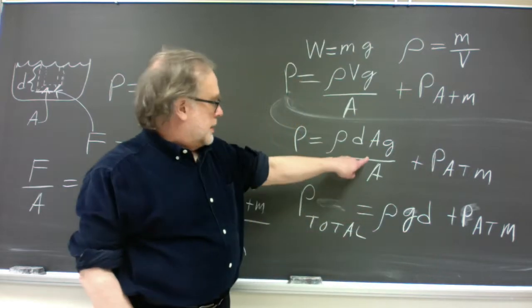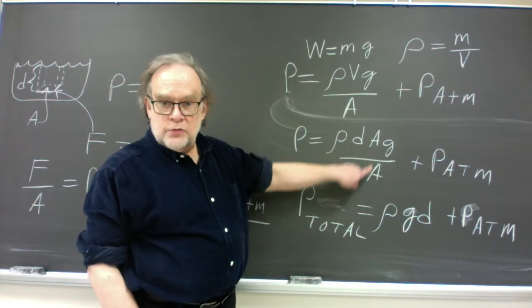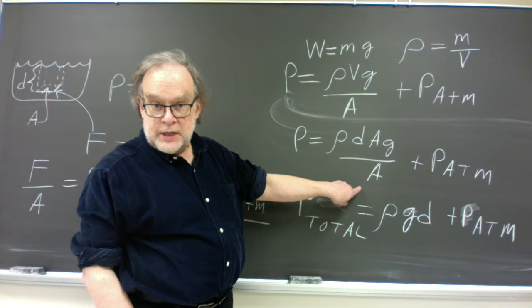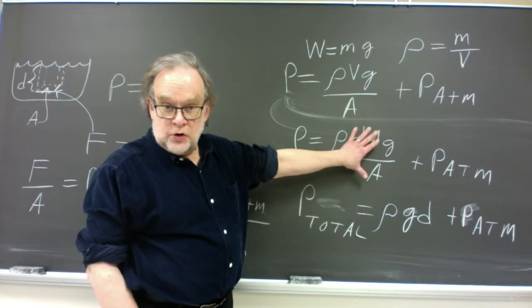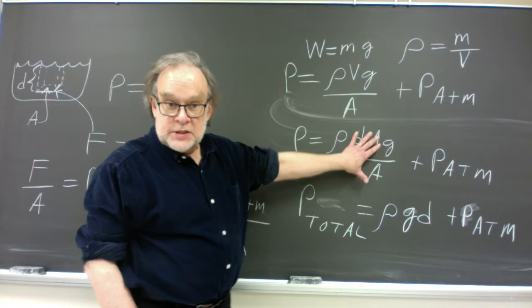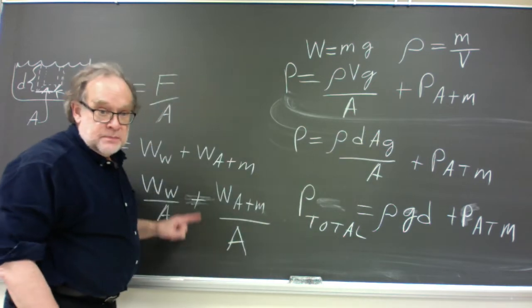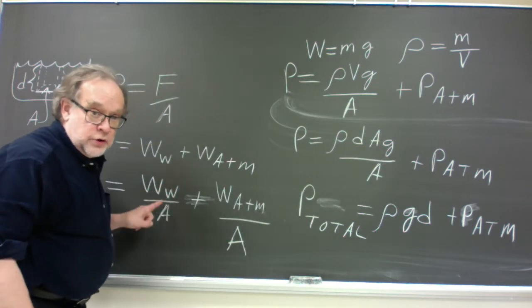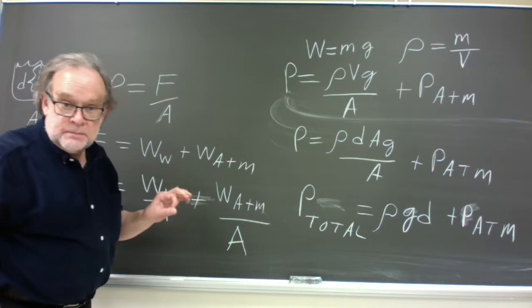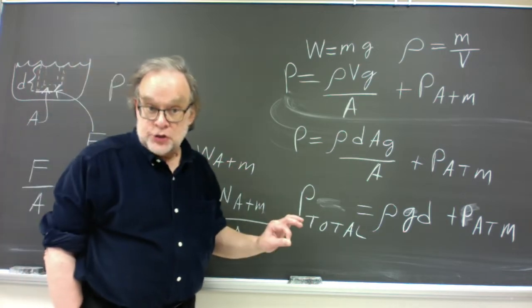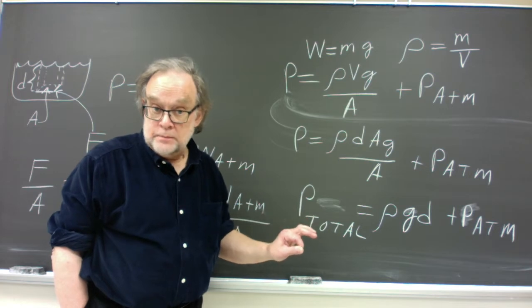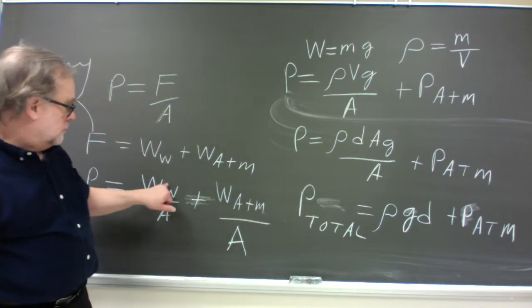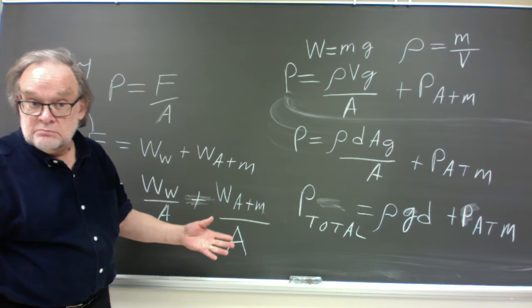Well, look at what we have here. An area factor and then an area factor in the denominator, they cancel out. So this factor here, which is what? It's weight of the water divided by area. In other words, the pressure caused by the water. Force over area, that's pressure.